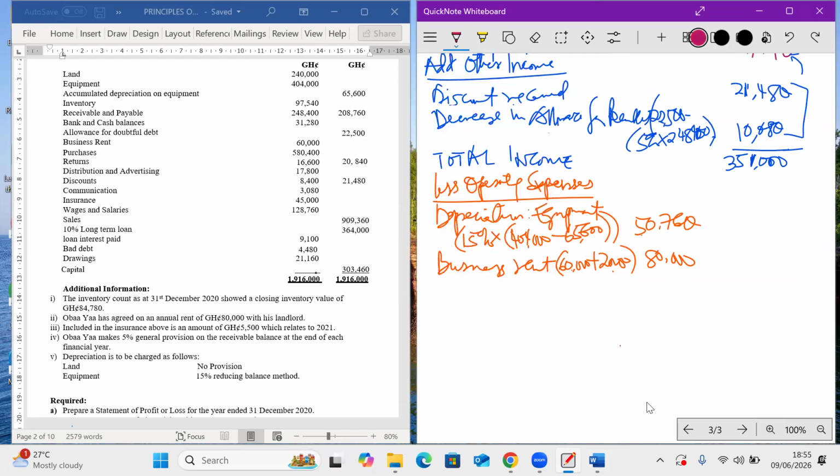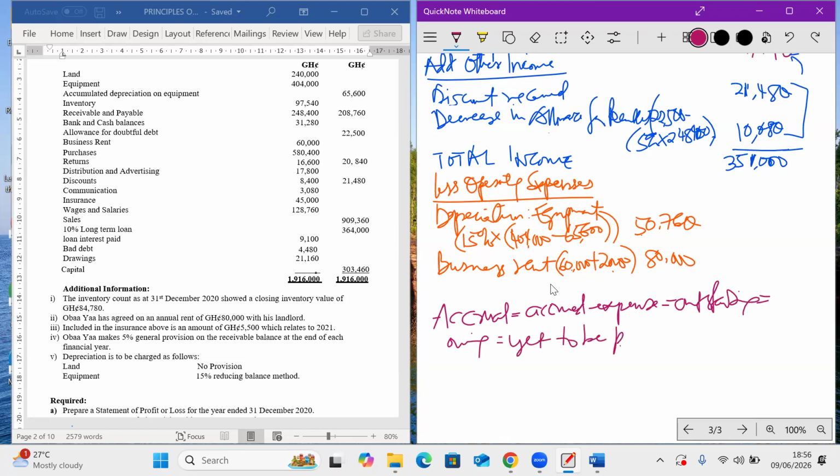In the footnote, when you read words like accrual, accrued expense, whether accrued utility or accrued rent, or words like outstanding, owing, yet to be paid, pending, they all mean accrual.